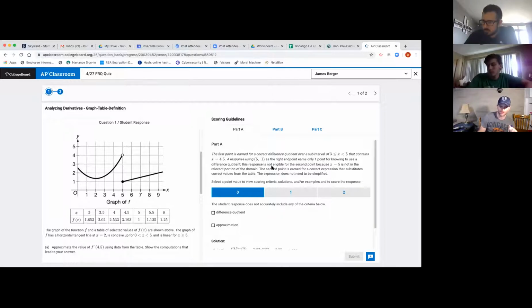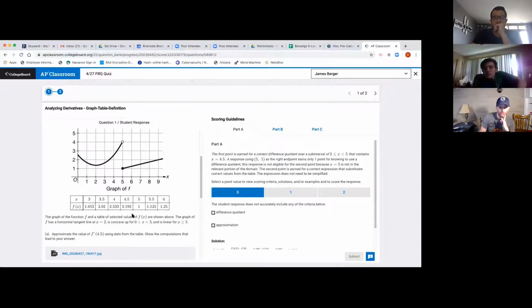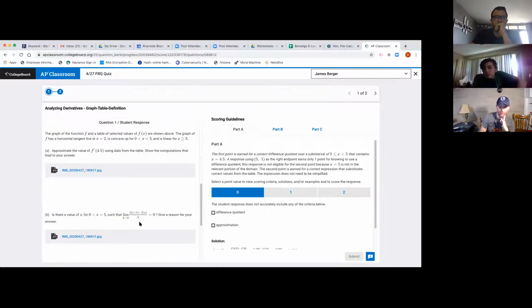This response is not eligible for the second point because x equals 5 is not in the relevant portion of the domain. The second point is earned for a correct expression that substitutes correct values from the table. The expression does not need to be simplified. Does that make sense? So if you had any difference quotient involving points on the table, you're going to get 1 point. All right, let's move on to B unless there's more follow-up questions.